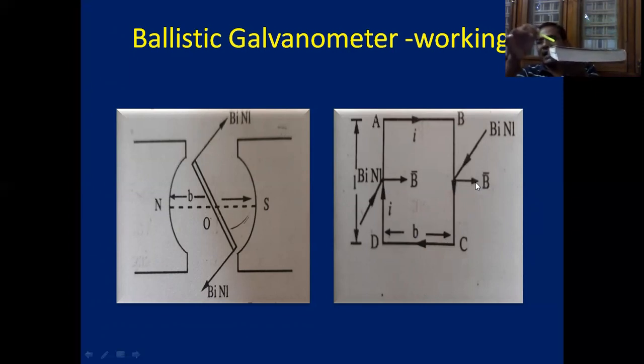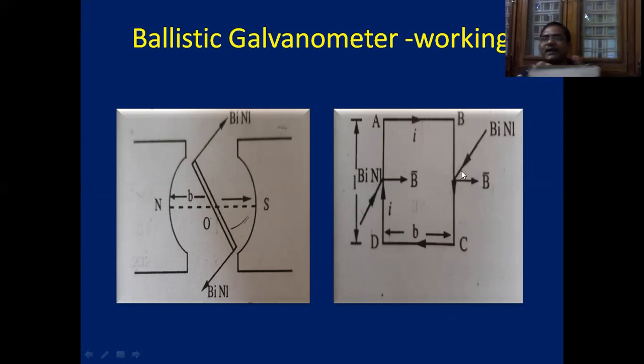Since the coil has n number of turns, according to the formula F maximum = ILB, on the sides AD and BC, a maximum force BINL acts. Applying Fleming's left hand rule, on the side AD, the force BINL acts perpendicular to the plane of the paper in the inward direction. On the side BC, the BINL force acts as shown in the figure.